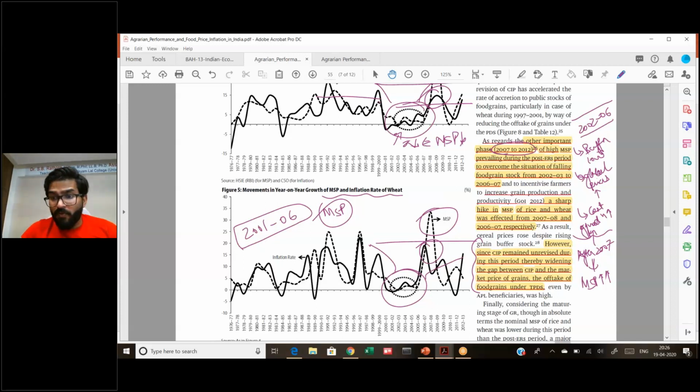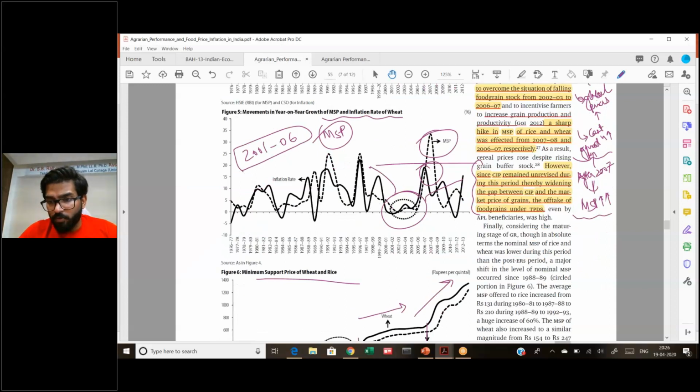Then, apart from that, in this period from 2007 till 2012, remember the previous reading, the government was buying a substantial amount of food. The availability to the public was not that huge, but at the same time the FCI was procuring huge amounts of food. Remember, by 2013 the buffer stock should have been somewhere around 32 million tons, but it was actually 82 million tons.